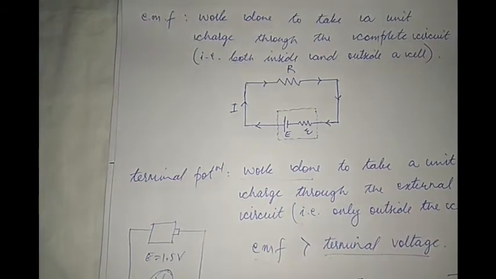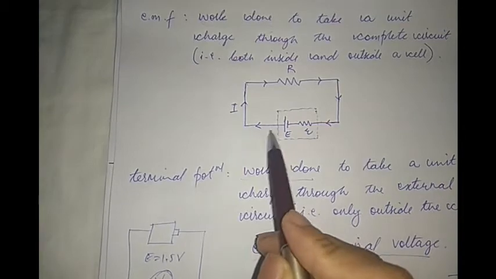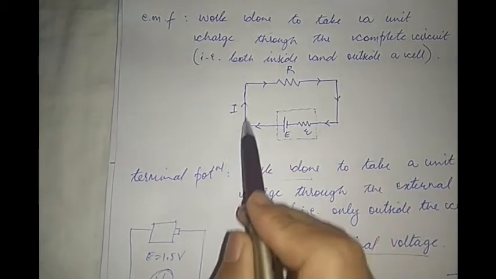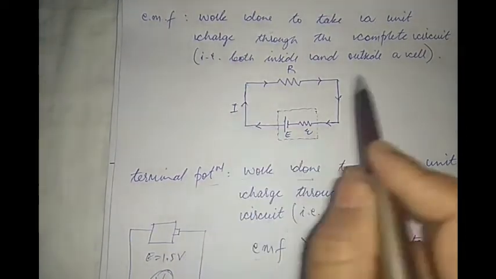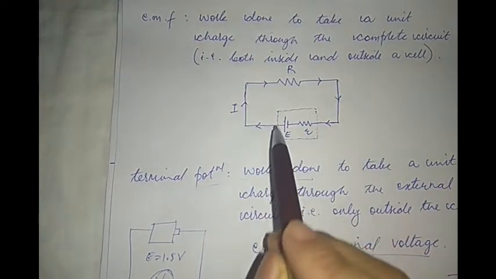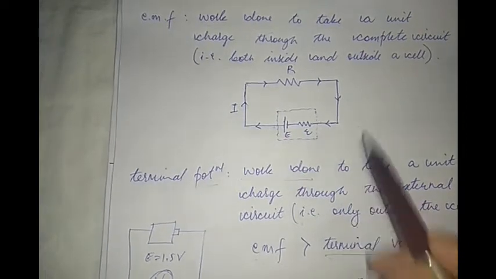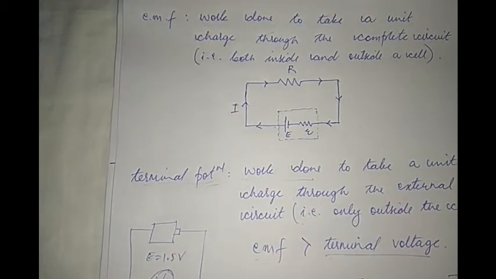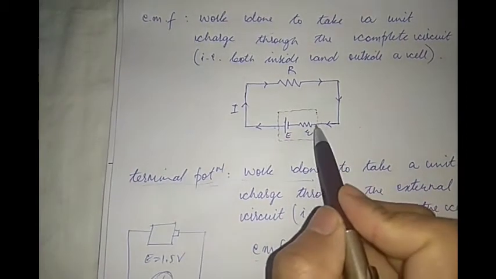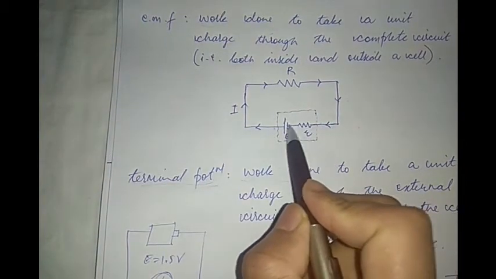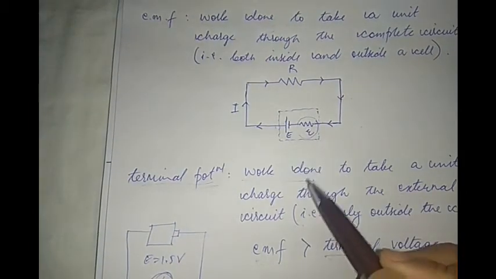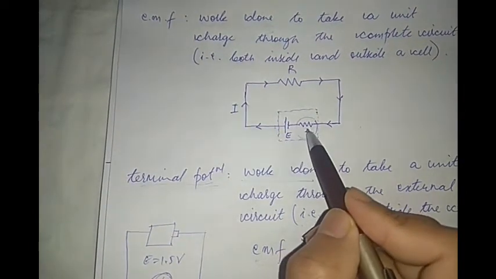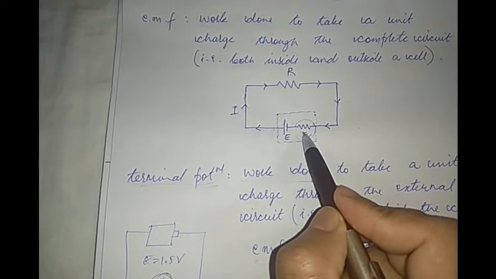There is work done to take the charge through the external circuit, which we are saying is terminal voltage. The energy that you need to spend to take a charge from one point to the other in the external circuit is terminal potential. But we need to do work to take the charge inside the cell also, because any cell has an internal resistance. We have to spend energy to take the charge through this internal resistance.